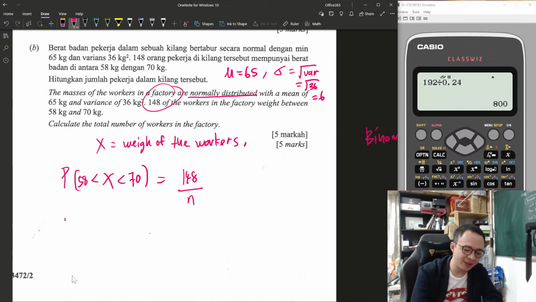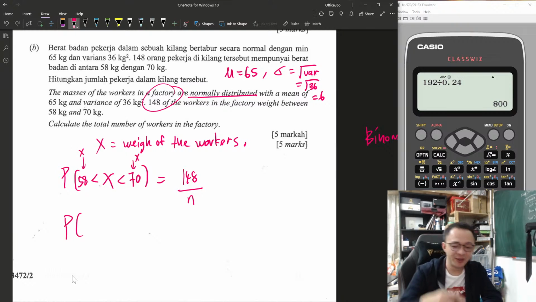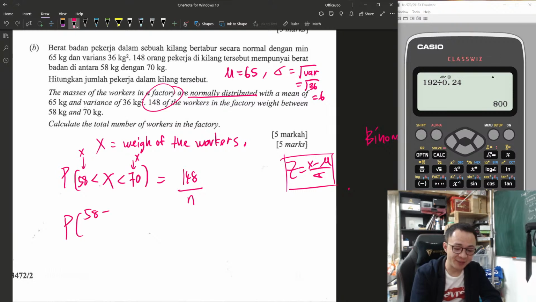Okay, so the next thing I will do is change it into the Z. You remember this is your x value. If you want to change to the Z, we use the formula Z equals x minus mean over standard deviation, isn't it? So therefore, x minus mean is 65, standard deviation is 6. So right now, this one changed to the Z already.